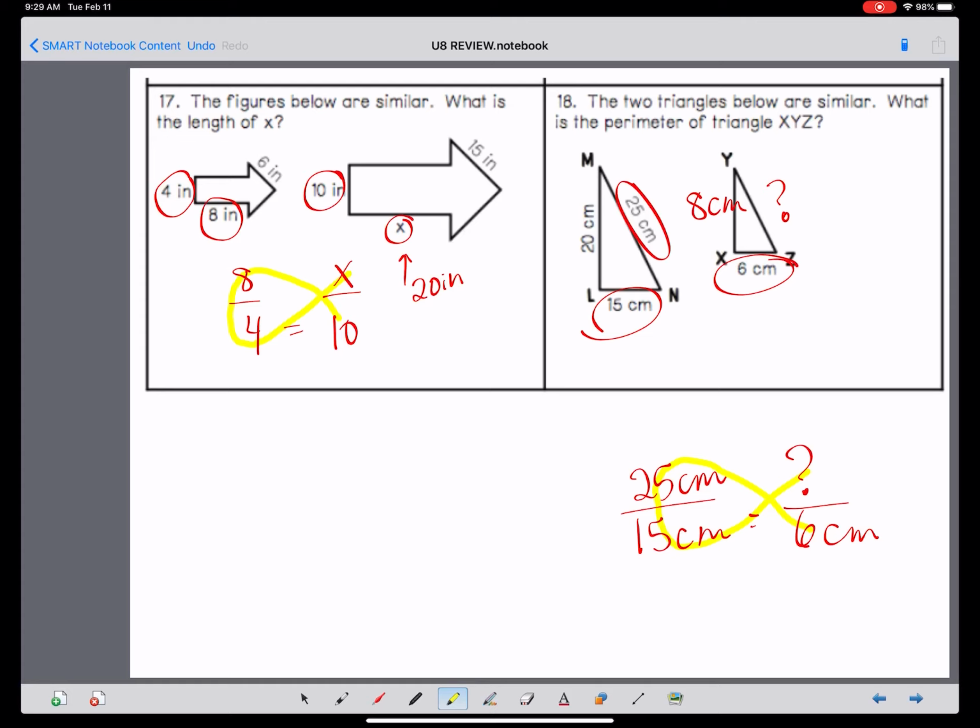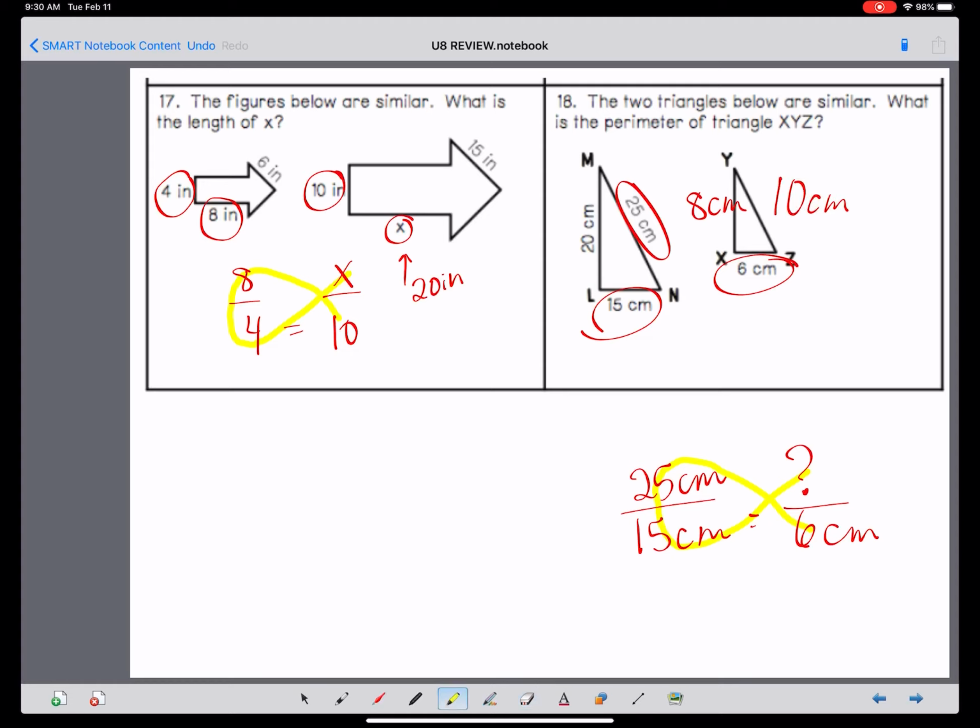I got the worst answer, so I have to plug that in again. 6 times 25 divided by 15, I was typing the wrong button. And I got 10. Okay, so it looks like this side length over here is going to be 10 centimeters.